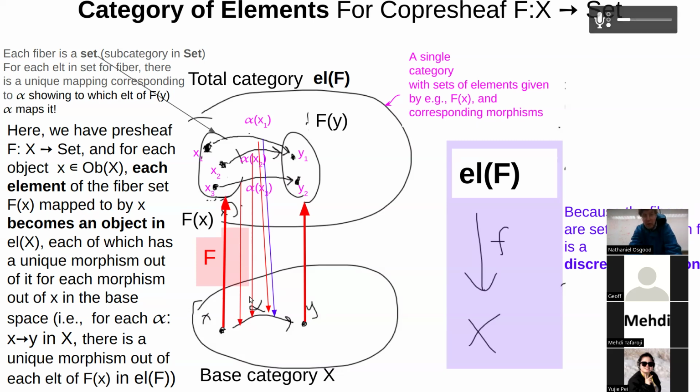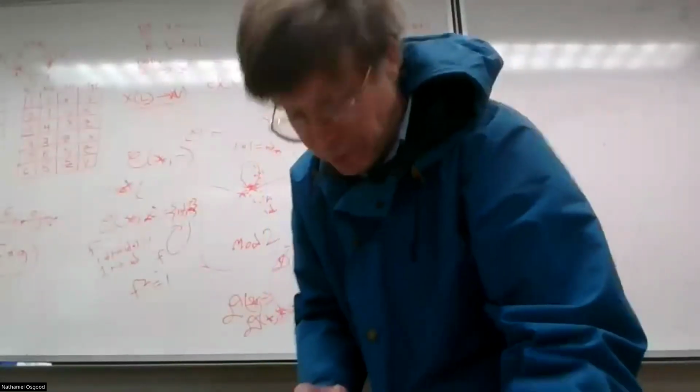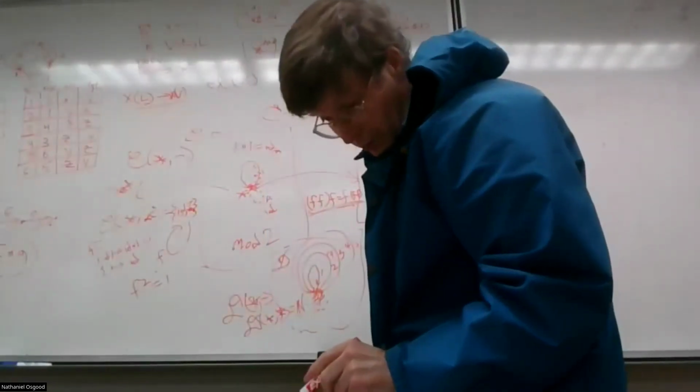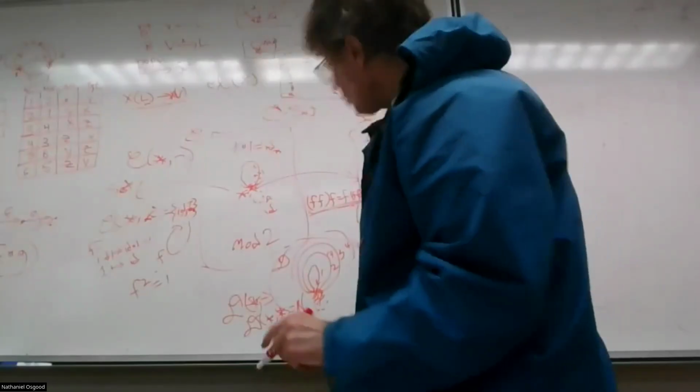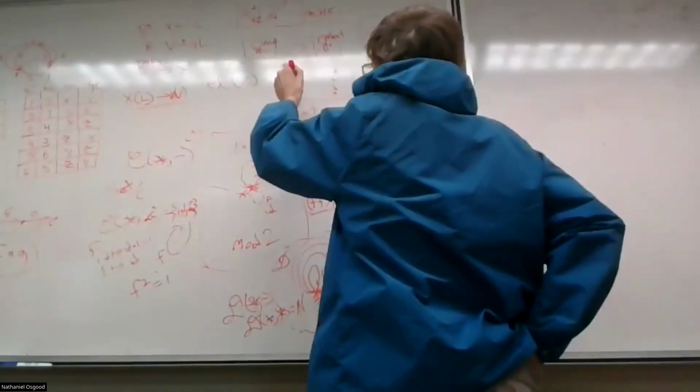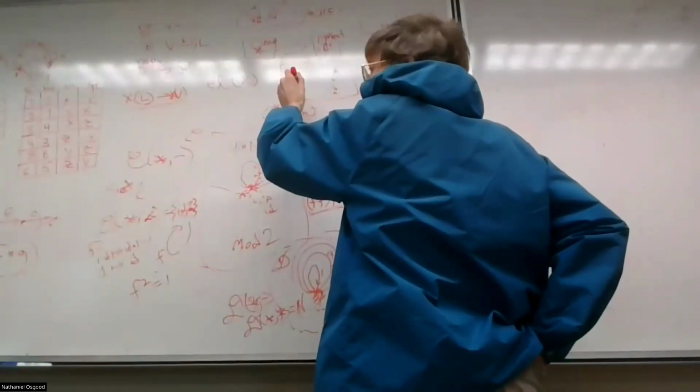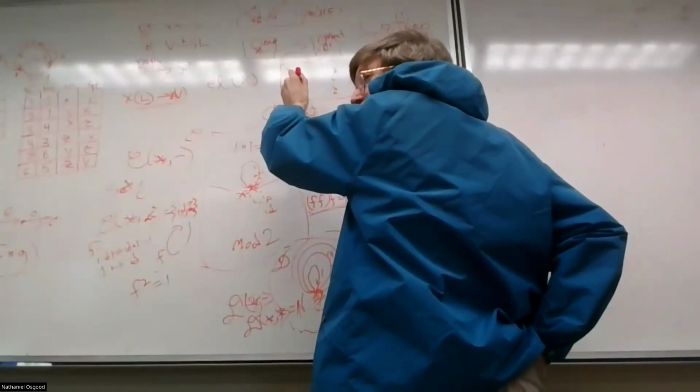So let's go back to this. For loop alpha, what's its center vertex?